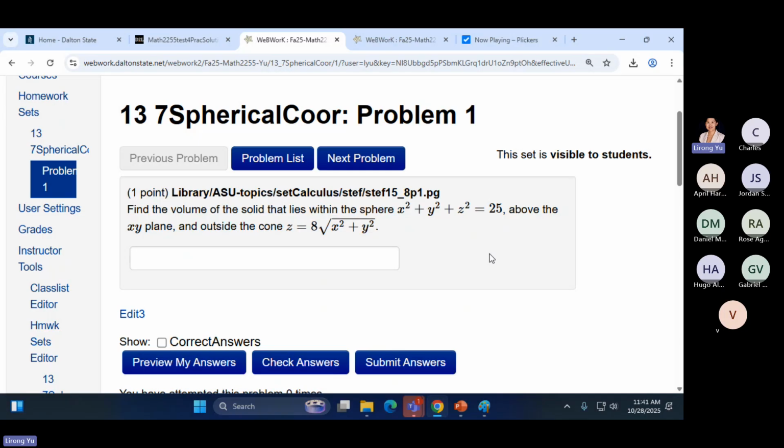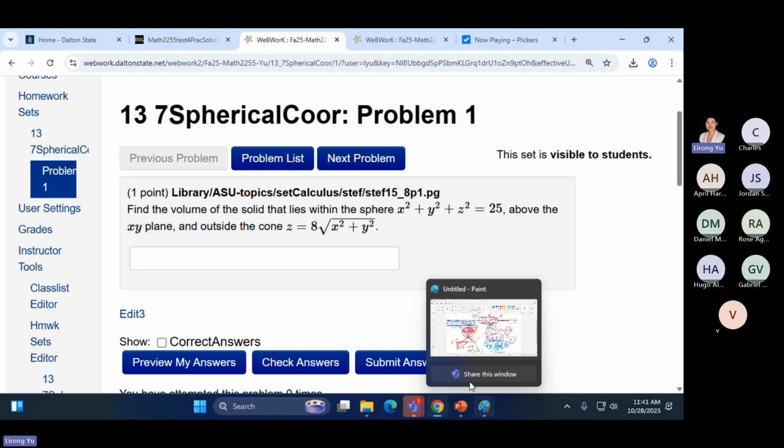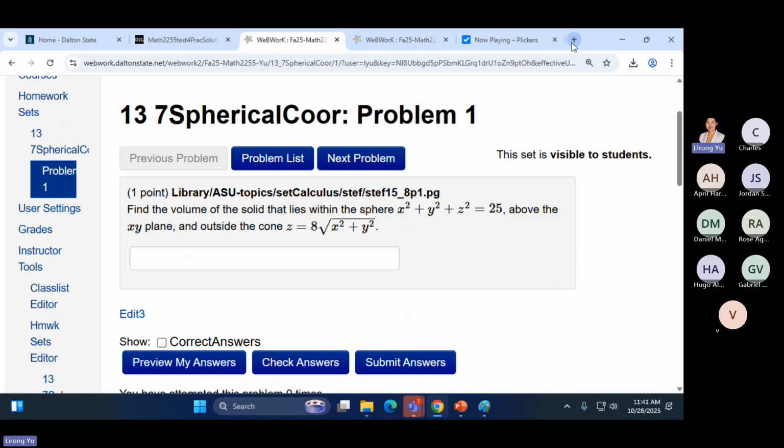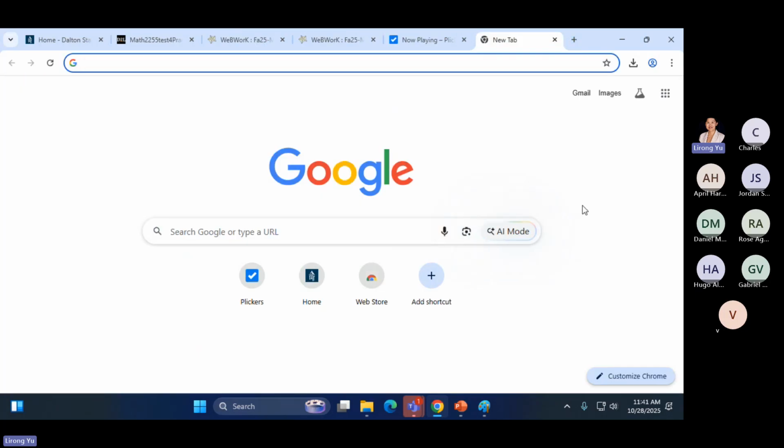z equals root of x squared plus y squared. You see, z equals the root of x squared plus y squared is a cone that we mentioned earlier. That is a cone that has a 45-degree angle.